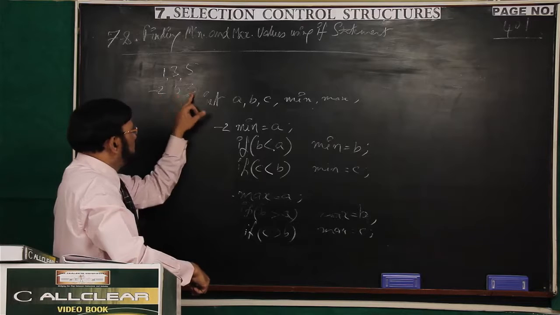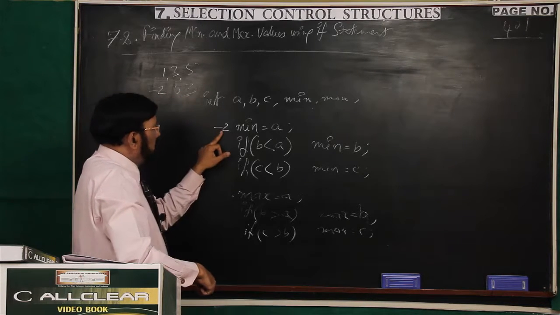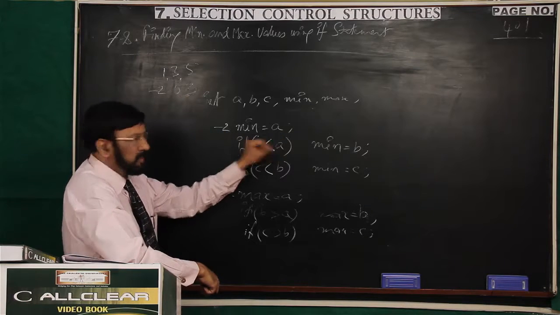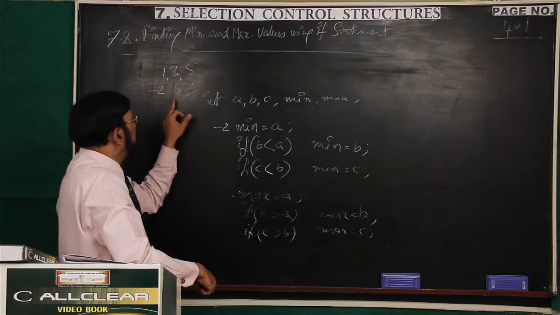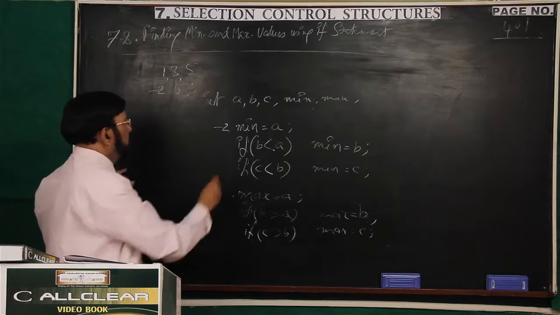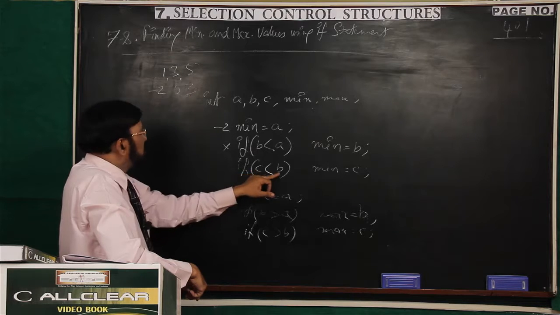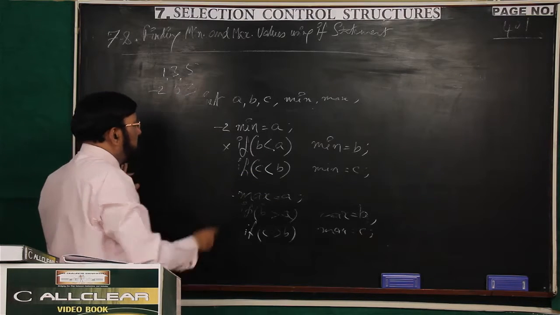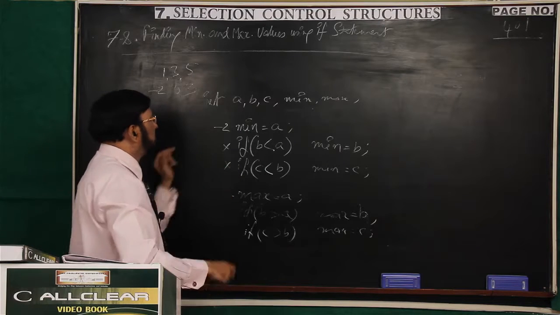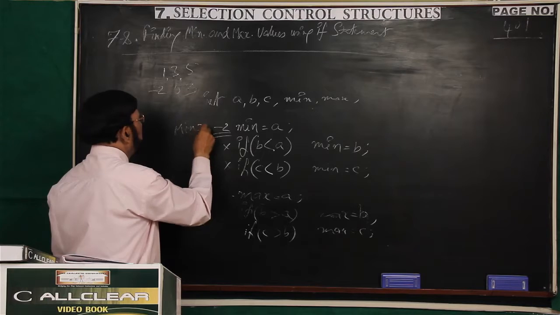This is A, B, C. Second run, you study. Now -2 is min. Next, if B is less than A, B is not less than A, so it is simply ignored. And is C less than B? That is also false. That's why minus 2 is min.